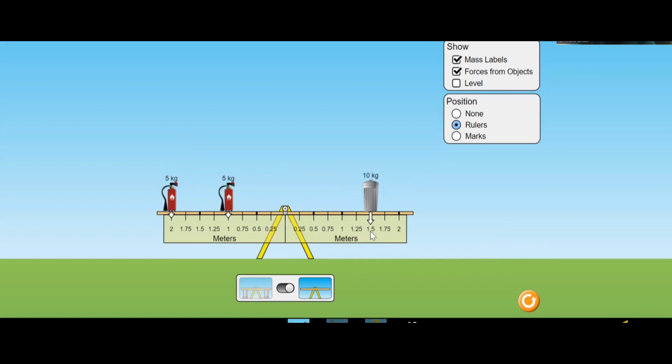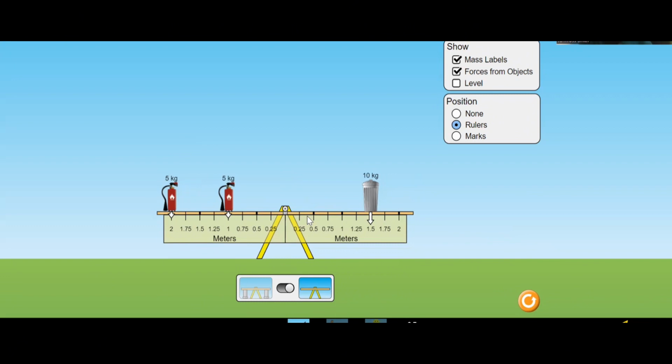That's the moment of the bin in the clockwise rotation. The anti-clockwise would be the 50 newtons times 1, so that's 50, and the 50 newtons times 2, that's 100. So we get 100 plus the 50, and that gives us the 150. That's rotating it anti-clockwise, and we see that the object is balanced.